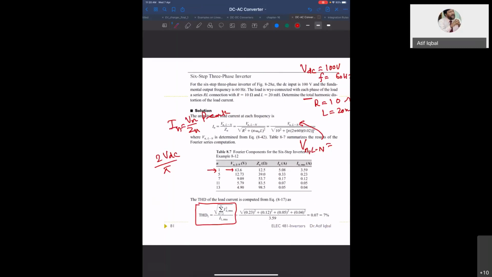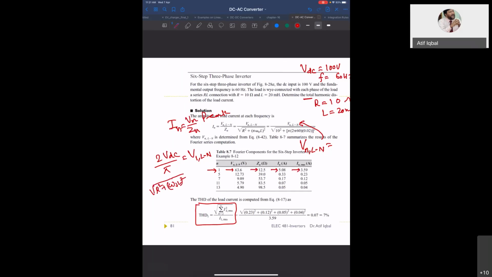This is your V1 line to neutral, the fundamental. This gives you 63.6. And the impedance is under root R square plus omega naught L square. So you get 12.5. Correspondingly, you calculate the current, and then you calculate the RMS.